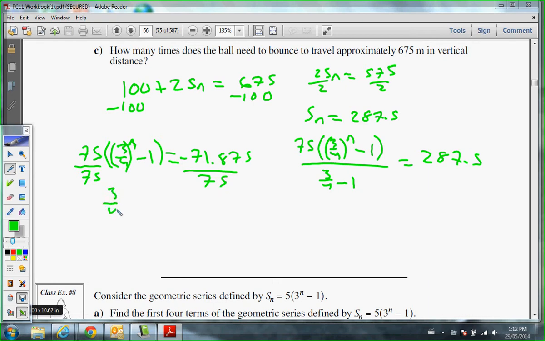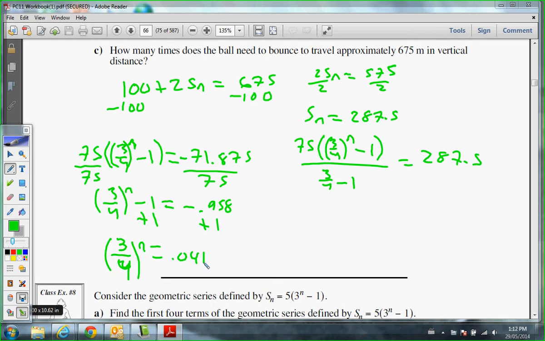That gives me 3/4 to the n minus 1 equals negative 0.958. I'm going to add 1. That gives me 3/4 to the n equals 0.041. Okay, and then we're going to kind of guess and check. Again, you can use your calculator, the intersect feature.